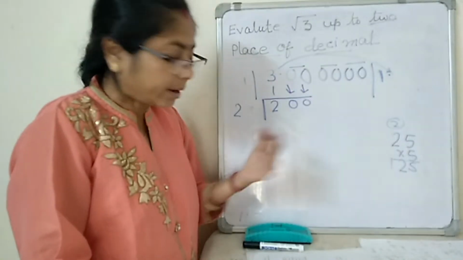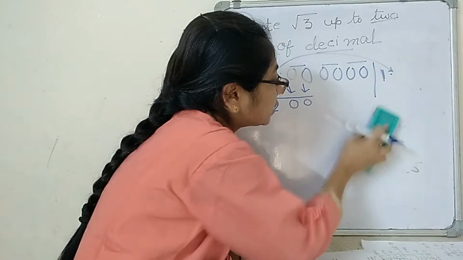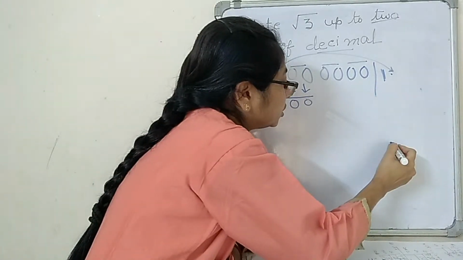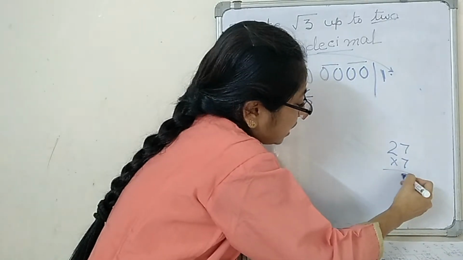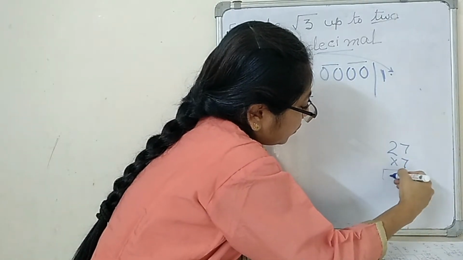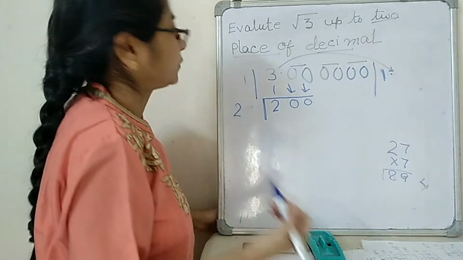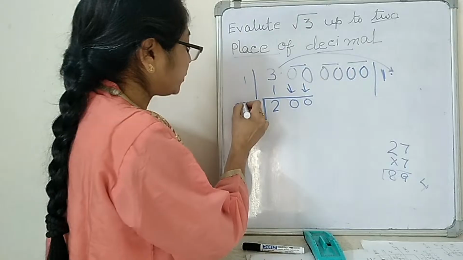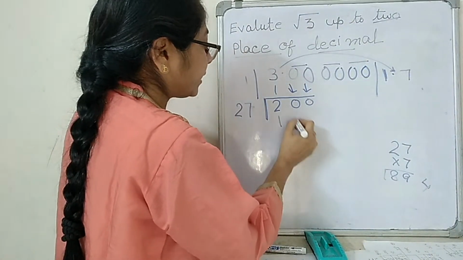I check more numbers. I check 27. 27 into 7: 9, 4, 1, 89. 189. Okay. So I put 7 here, 7 here, 189 here.